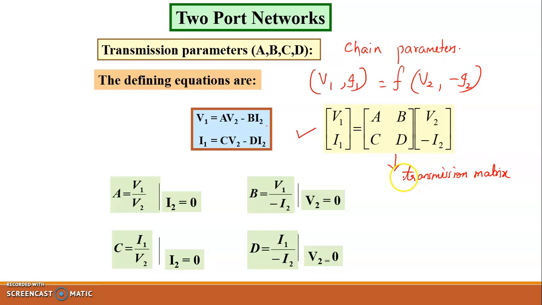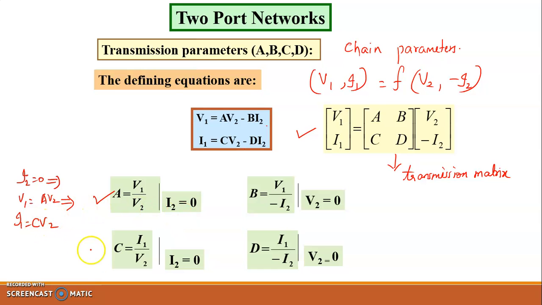Now, how can I find the values of the different parameters? As we have seen in the Z parameters and Y parameters, first of all I make I2 equal to 0. From equation 1 I can write V1 is equal to A V2 and I1 is equal to C V2. So I can solve for A is equal to V1 by V2, obtained by making I2 equal to 0.